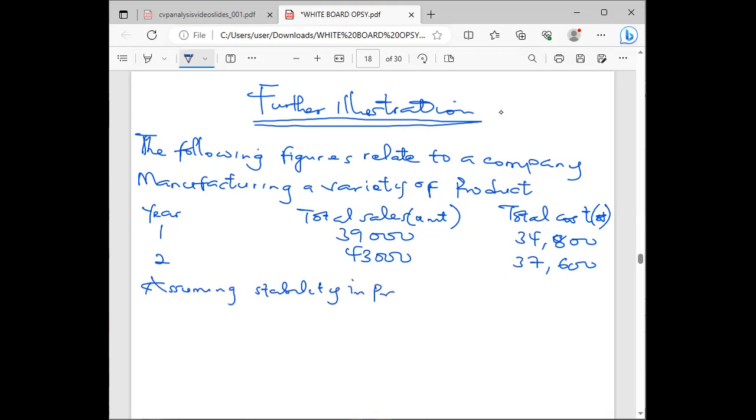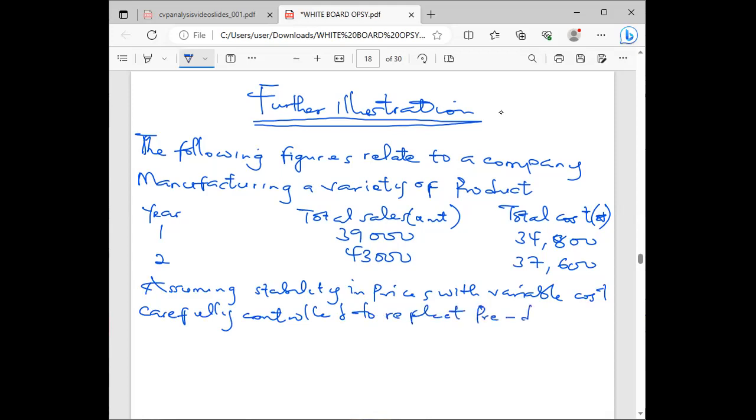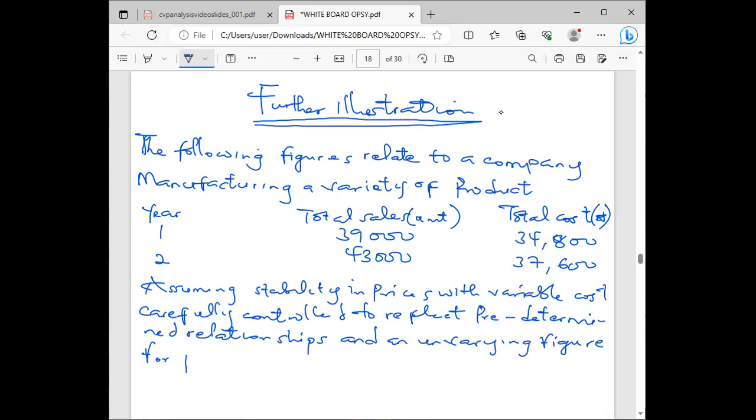So assuming stability in prices with variable costs carefully controlled to reflect predetermined relationships and an unvarying figure for fixed cost.